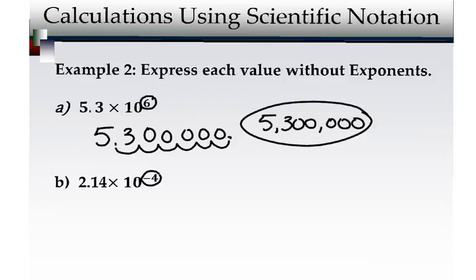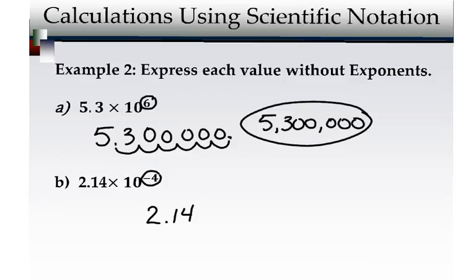Alright, part B here is the same thing, except, like I said, it's a negative exponent. So we're going to be moving that decimal point over to the left this time. I'm going to start my number out over here, because now we're going to go the other direction.